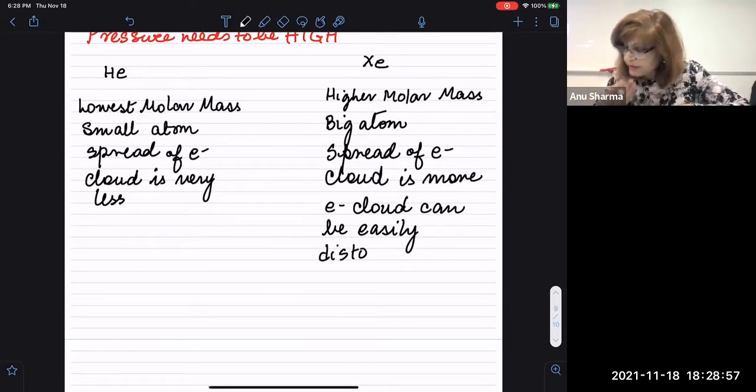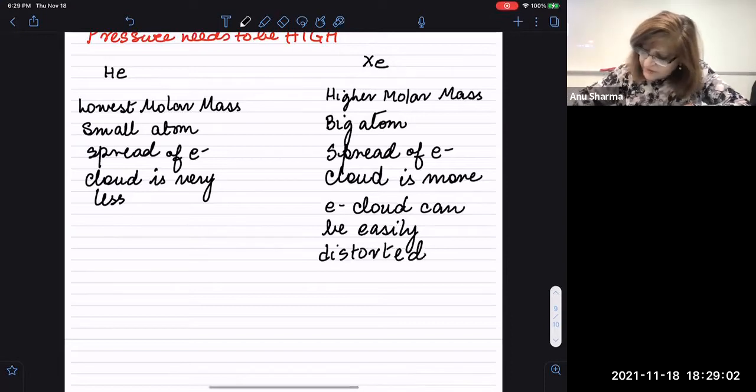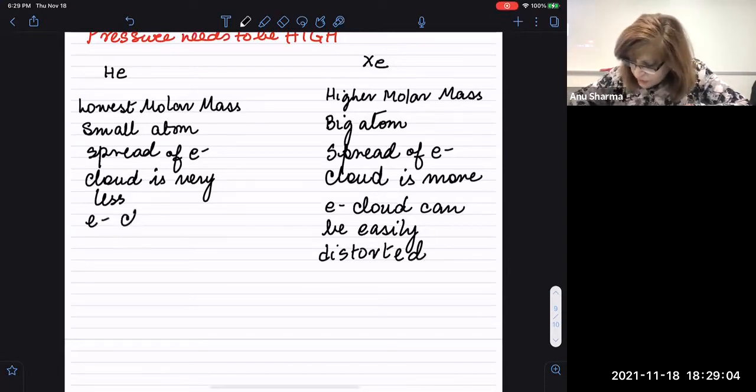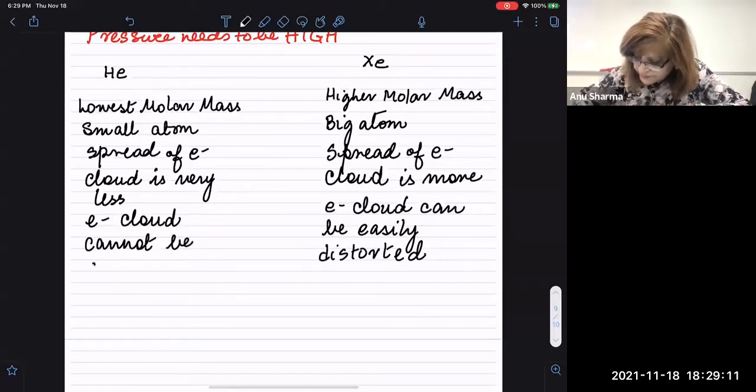It means it can be polarized, in other words, distorted. And in helium, the electron cloud cannot be easily distorted.